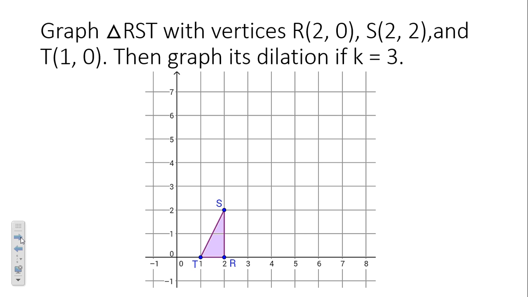So if we're enlarging it, our new R prime will be 3 times the 2 and 3 times the 0. So we take 3 times both of those coordinates. 3 times everything. So R prime is 6 and 0, because 3 times 0 is 0.